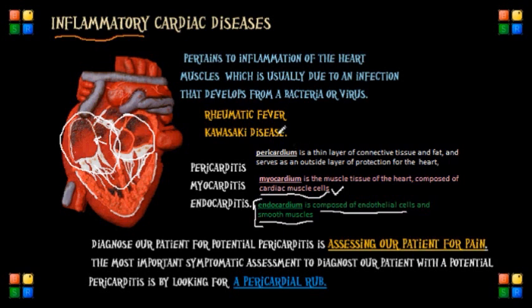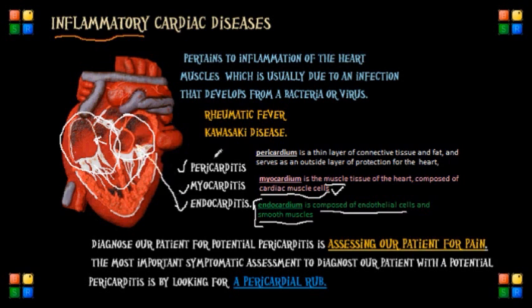With that in mind, we can simplify this even more by saying that pericarditis is an inflammation of the pericardium, which is the sac surrounding the heart. Myocarditis is an infection of the heart muscle. And lastly, endocarditis is, like I mentioned before, an infection of the heart valves. So that makes everything simpler and easier to remember.